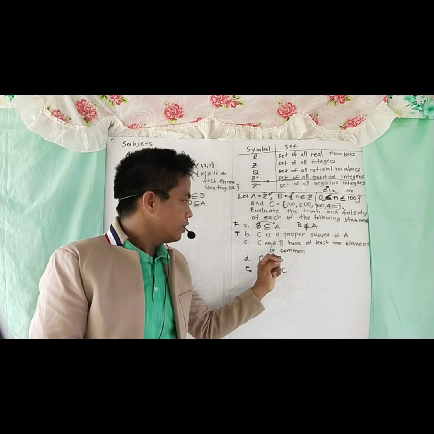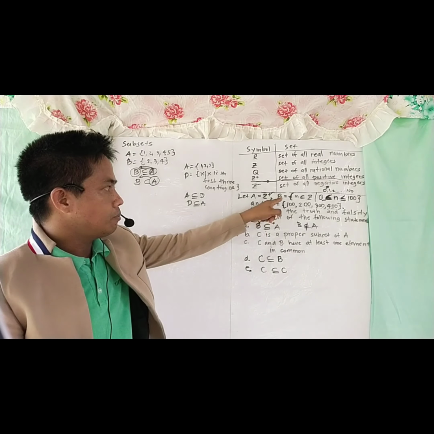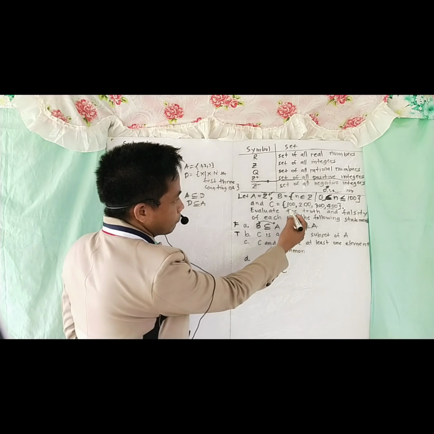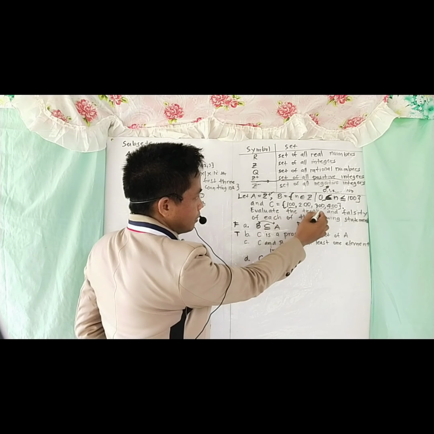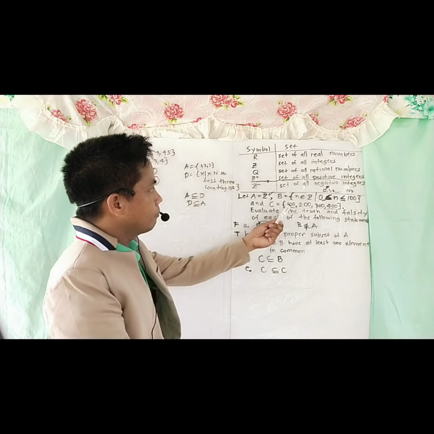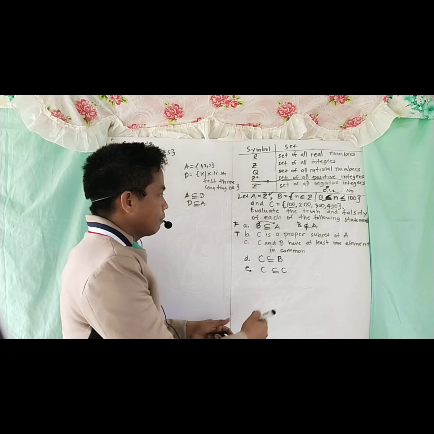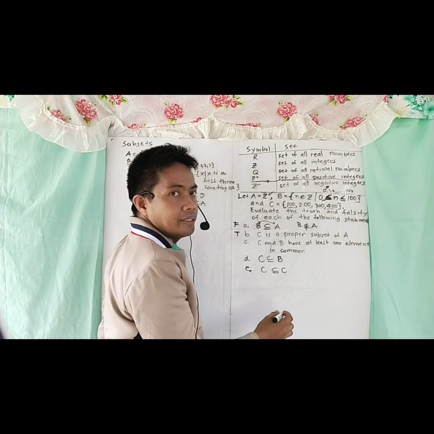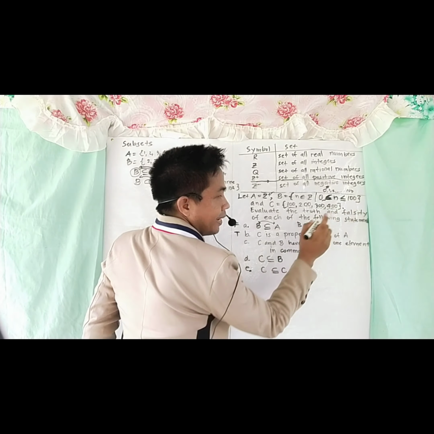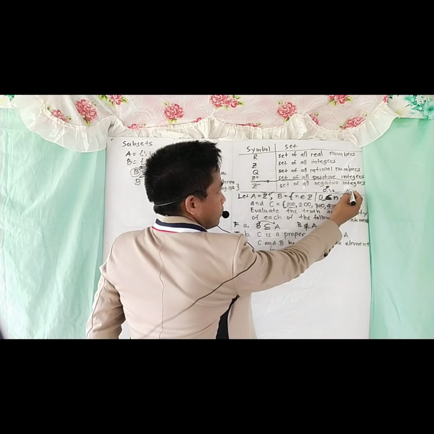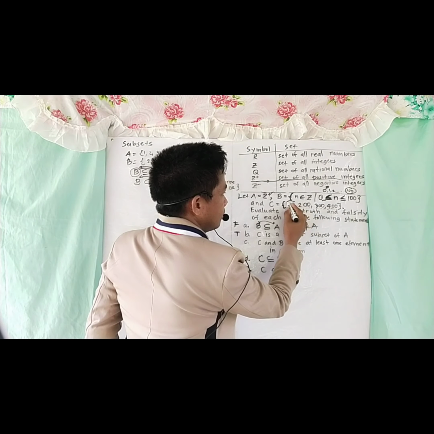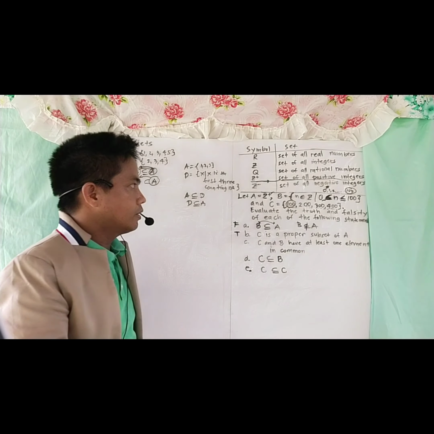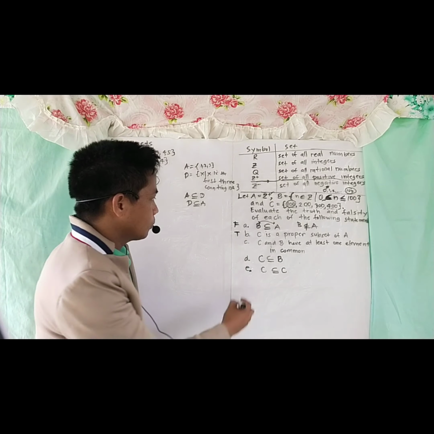Let's check set C and set B. Set C has its elements listed in roster method. Set B is from 0 up to 100. Therefore, the common element is 100. It has a common element, 100, meaning this is true.